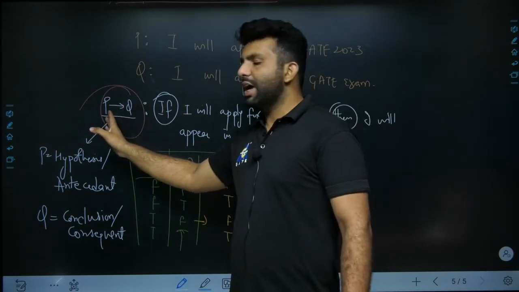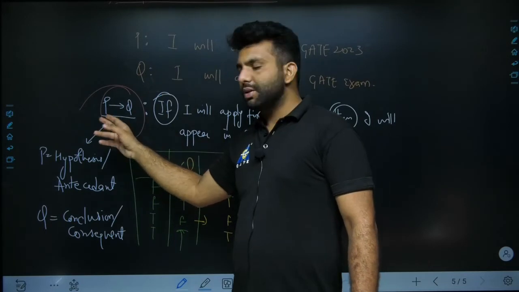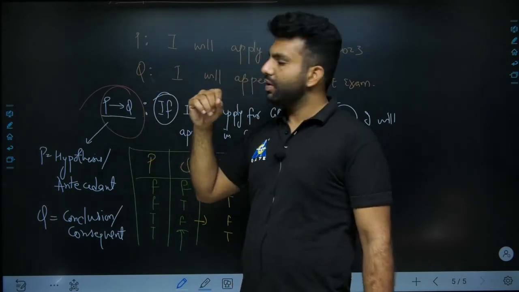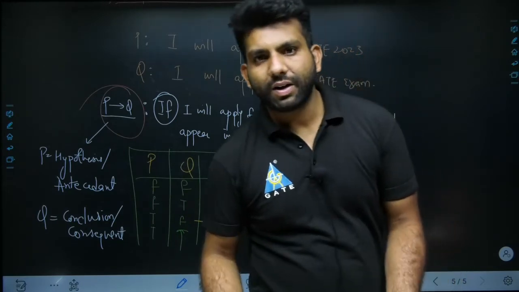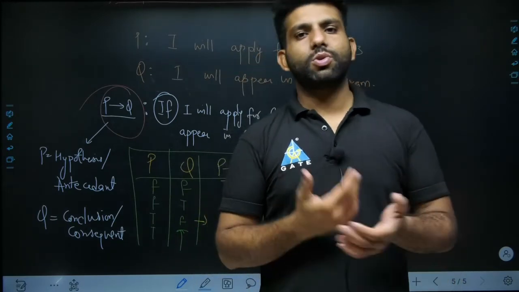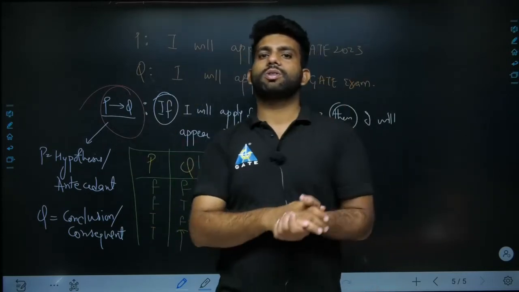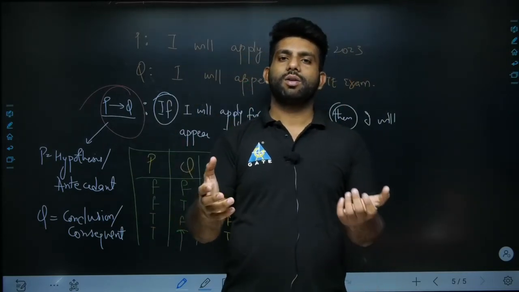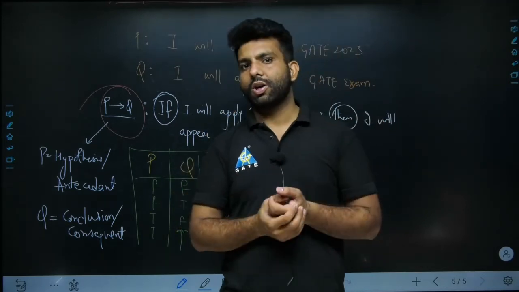This is kind of an experiment. I propose this hypothesis, this was the prerequisite, and this was the conclusion. If you are not fulfilling the prerequisite, can I expect something? No. If I am asking you to do something and you are not doing that, can you conclude that I was wrong? No, you cannot conclude I was wrong.